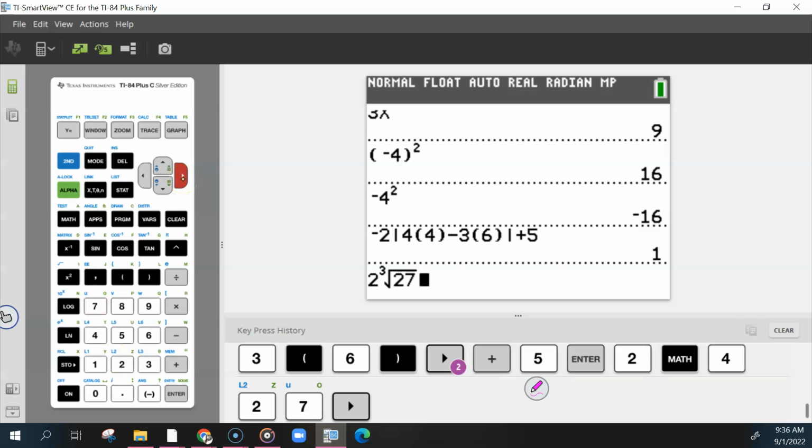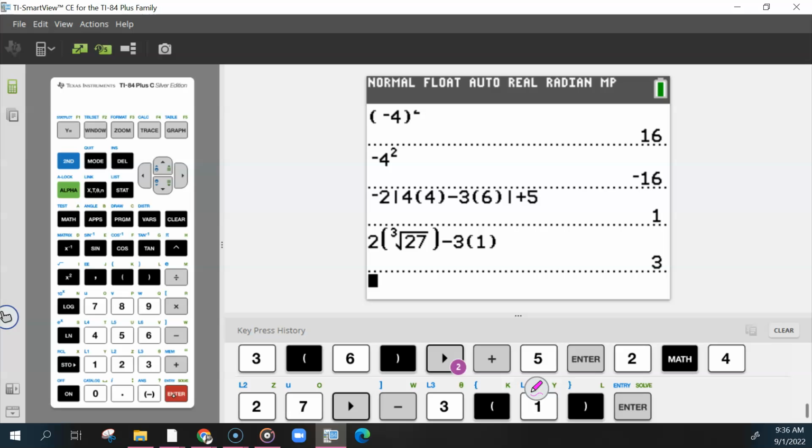I come out of the cube root. And then I do minus 3 times 1. And we get 3. The problems on the back are very similar to the problems on the front. They just have different answers.